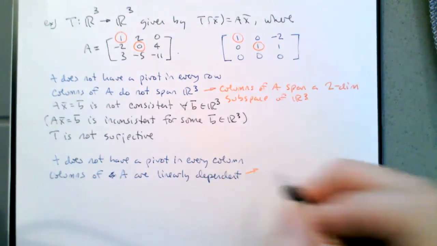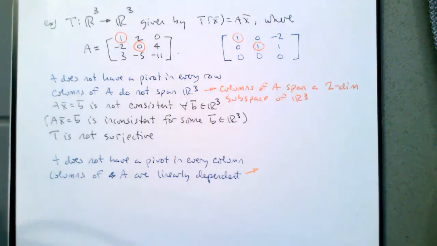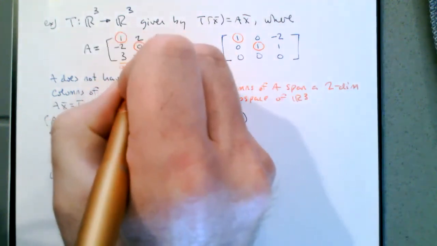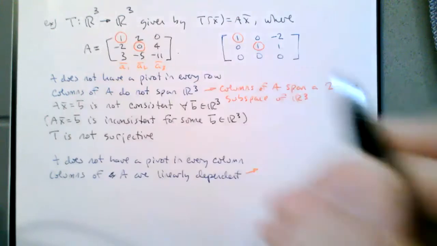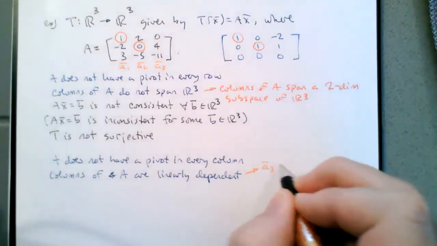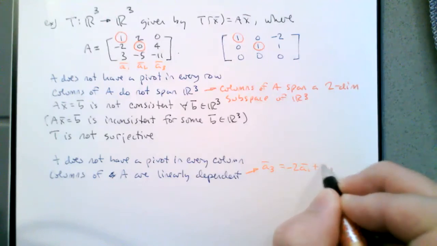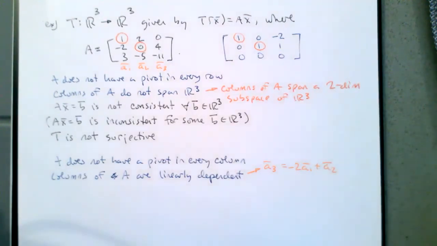One of the ways to characterize a linearly dependent set is that one of the vectors is a linear combination of the others. So if I call the vectors A1, A2, and A3, then we can see that A3 is negative 2 times A1 plus A2.